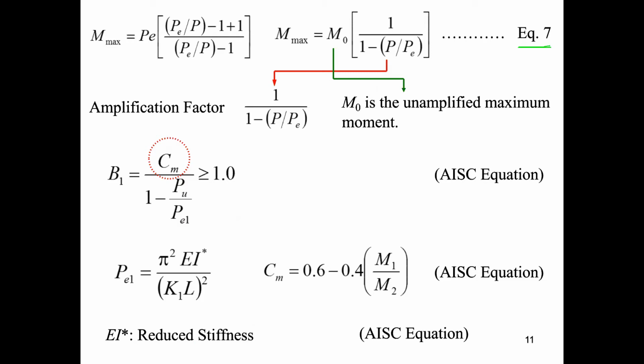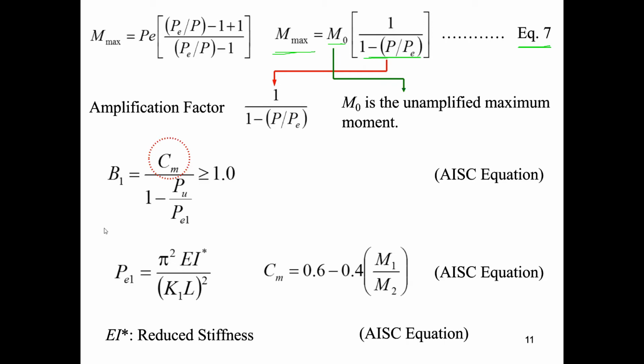Notice that the equation of maximum moment consists of two parts, M0 and 1 over (1 minus P over PE), where M0 is the unamplified maximum moment and 1 over (1 minus P over PE) is the amplification factor.